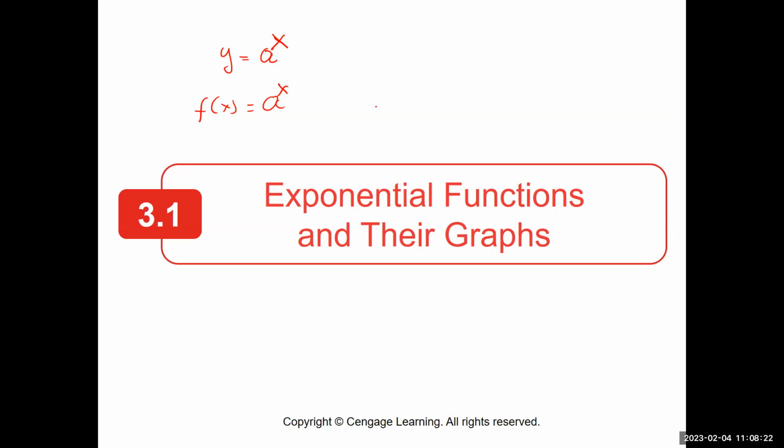One thing here important, a cannot be zero because it becomes meaningless. A should be greater than 1, positive greater than 1. Because if it's 1, it doesn't mean anything.